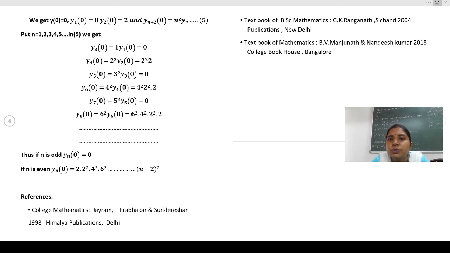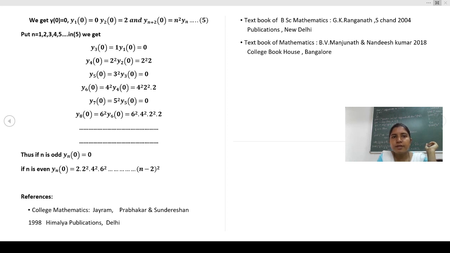For n is equal to 5, we have y7 of 0, that is nothing but 5 square into y5 of 0. y5 of 0 is 0, therefore y7 of 0 is equal to 0.